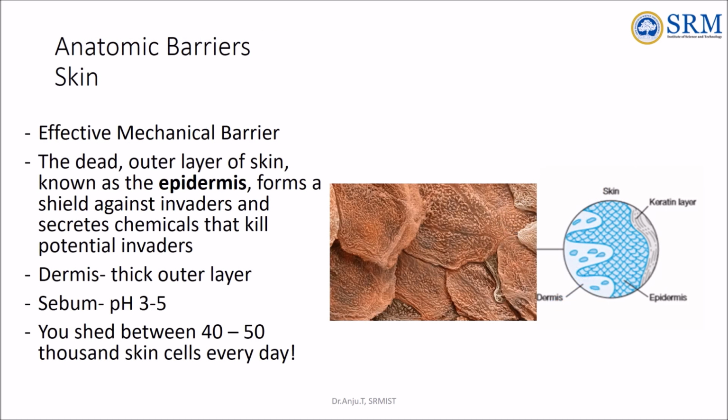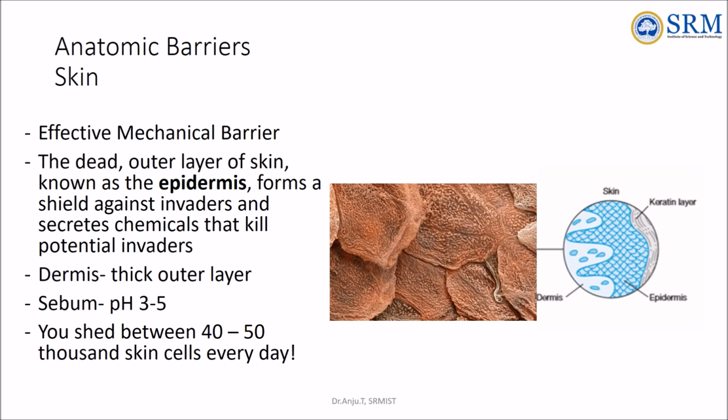Skin, one of the anatomic barriers, is an effective mechanical barrier preventing the entry of foreign microorganisms. If you study the structure of the skin, it has an outer keratin layer, then a thin epidermis and a thick dermis. This dermis layer consists of hair follicles, blood vessels, sebaceous glands, and sweat glands.